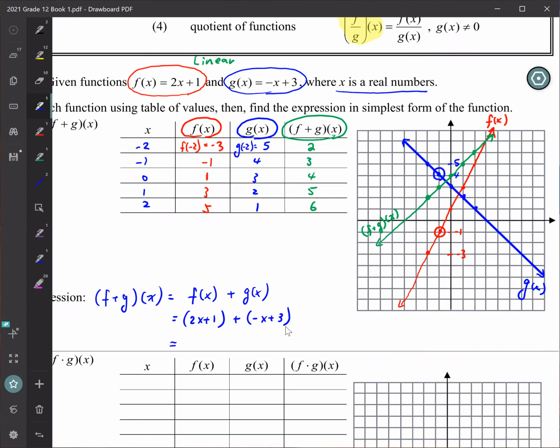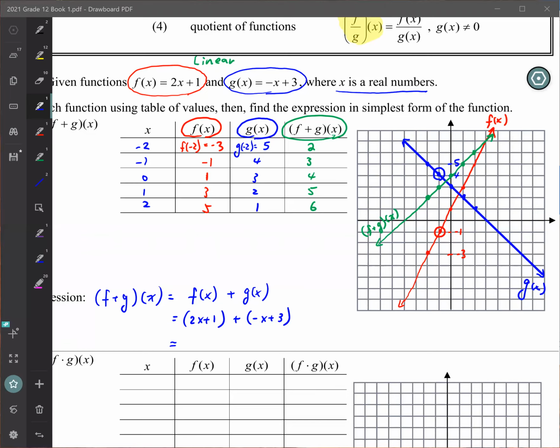I'll let you combine them by yourself, just like polynomials, collect all the like terms. Lady, do you have the final expression? Not yet.